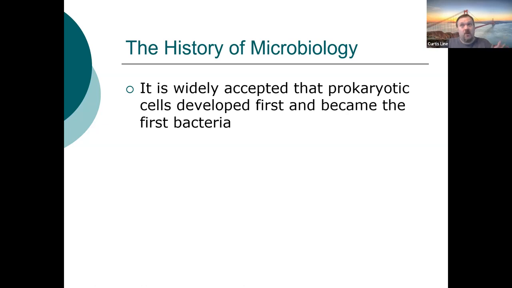So what came first, the prokaryotic cell or the eukaryotic cell? There's no way that we can actually say definitively which one. But what makes the most sense is that prokaryotic cells came first because they are less complex. Why would the more complicated thing come first? It just doesn't make sense, you know? Like, why would the army tank come before the spear? Just doesn't make sense.